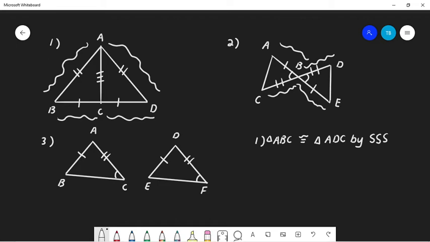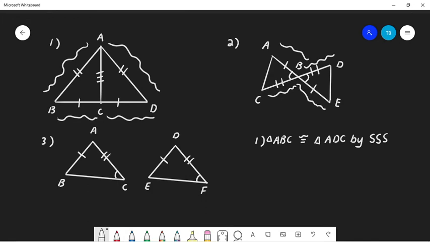So here we have two pairs of congruent sides in each of the triangles, and we have the included angle. The included means that it's between the two pairs of sides, or it's made up of those two pairs of congruent sides. So since we have the two pairs of sides and the included angle, we can actually prove that those two triangles in the diagram are congruent. And we prove that not by SSS, but this time with SAS.